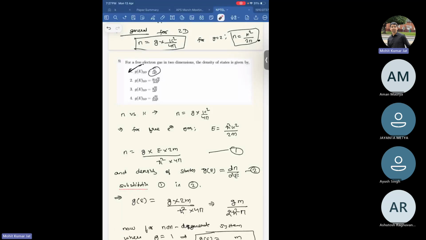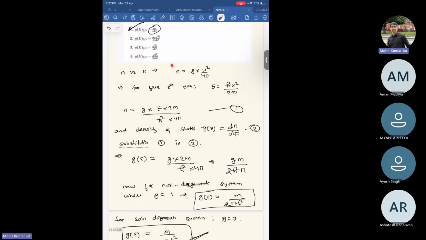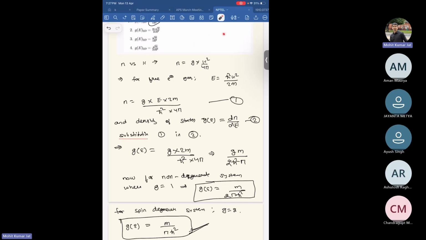The next question is, for a free electron gas in a two-dimensional system, the density of states is given as, again the same thing, n versus k, which we extracted in the previous question as g times k squared by 4 pi. And we know that density of states is nothing but del n by del E, right?